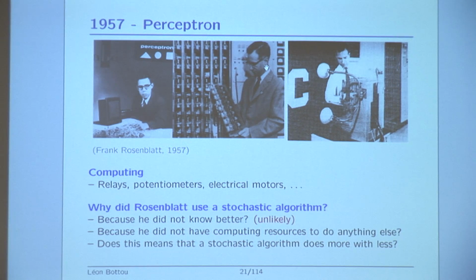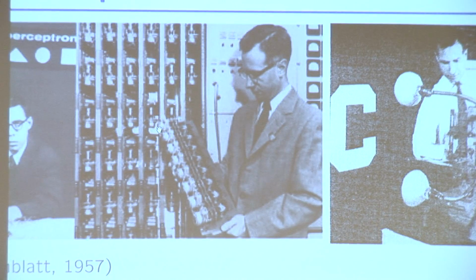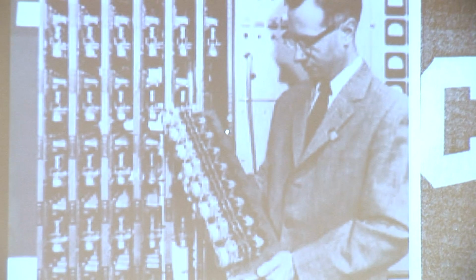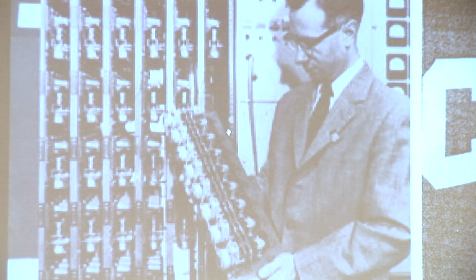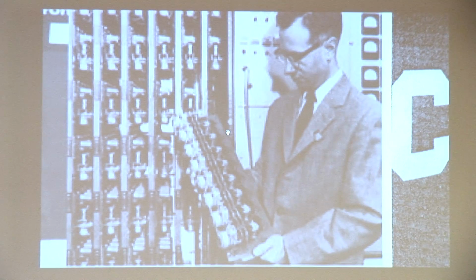In '57, there was the perceptron, and I think this is Rosenblatt, actually, the real one. It's worth seeing more closely. First of all, the perceptron is not an algorithm. The perceptron is a machine. And he has in his hand a set of 8 weights. You can see them.